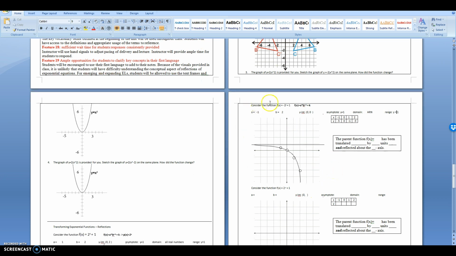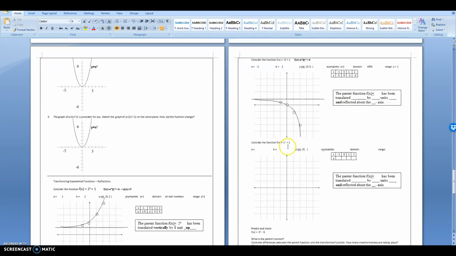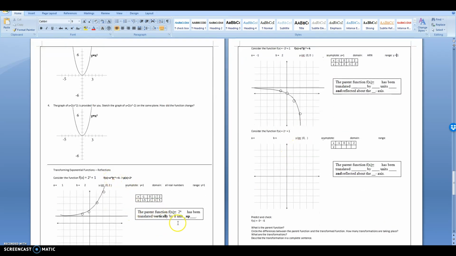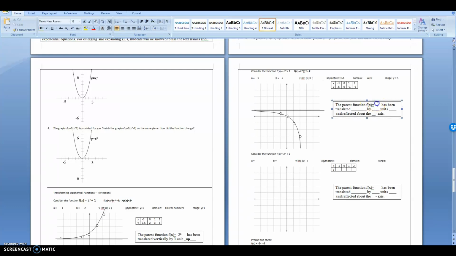So let me ask you now that we have put all this information together, how can we compare this function to the parent function, 2 to the x? Well, the parent function, 2 to the x, has been translated.